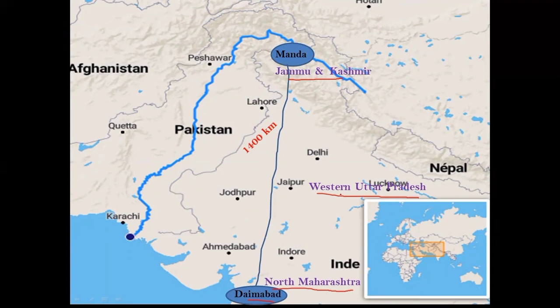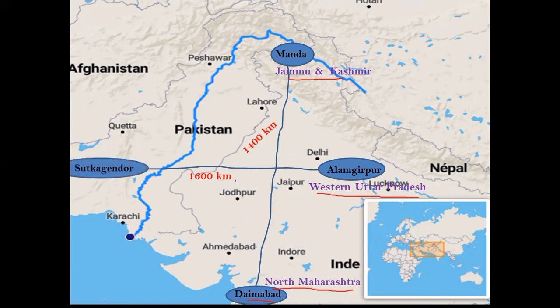Let's have a look at the distance from west to east as well. To the eastern side, like I've mentioned earlier, we have western Uttar Pradesh. There is a place called Alamgirpur, which is in Uttar Pradesh, and from Alamgirpur to the western side, we have a distance of 1,600 kilometers.